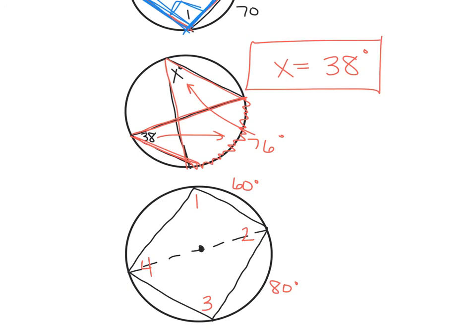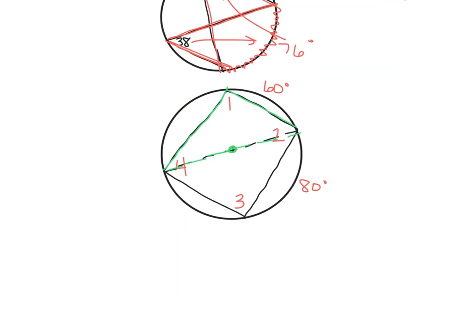What is 90? Right. Opens to the semicircle. 1 opens to the semicircle, right? This is a diameter. So if you have a diameter, you have a semicircle, meaning this arc here is 180. So if that arc is 180, then angle 1 is 90 degrees.